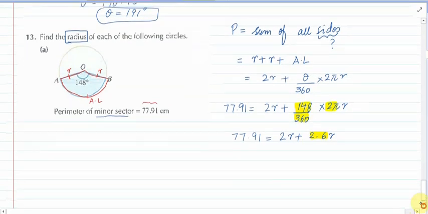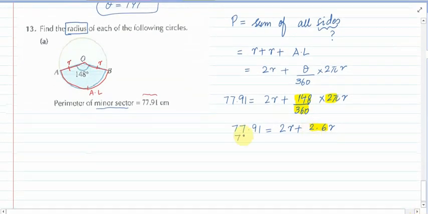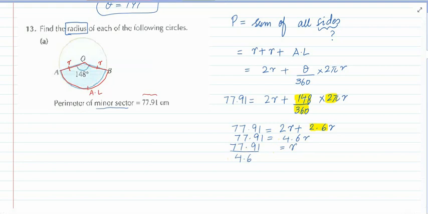Now you need to add both variables. So 77.91 is equals to 2 plus 2.6, it's 4.6 R, and R can be found out by dividing 77.91 by 4.6. So value of R is 16.9, or you can say that 17 centimeter.